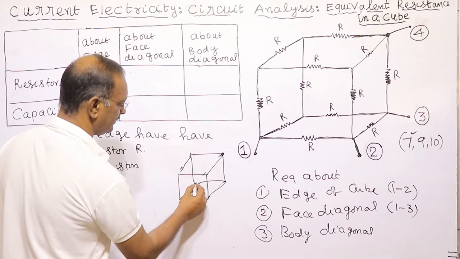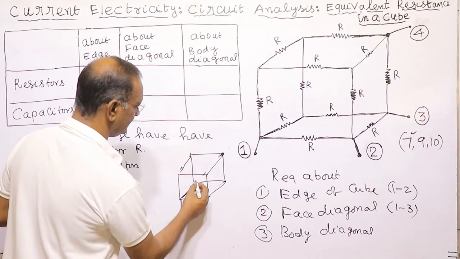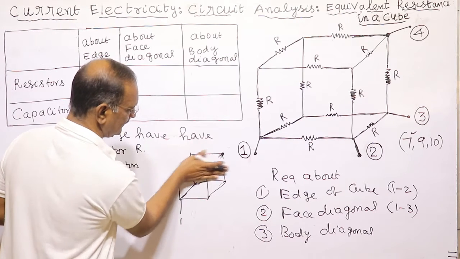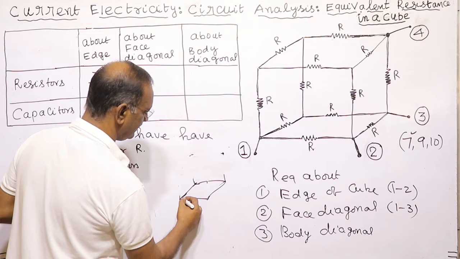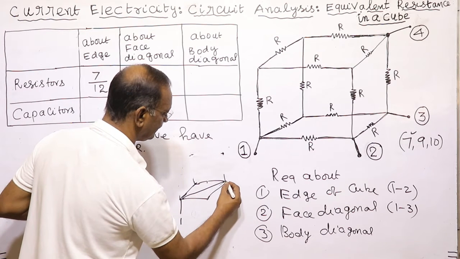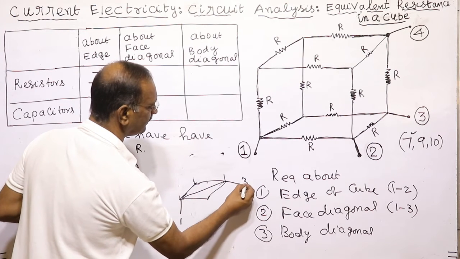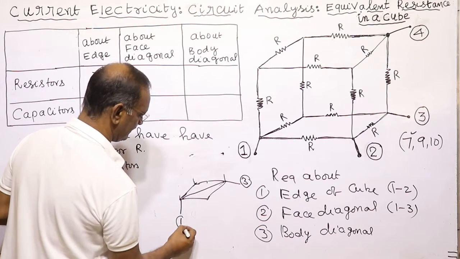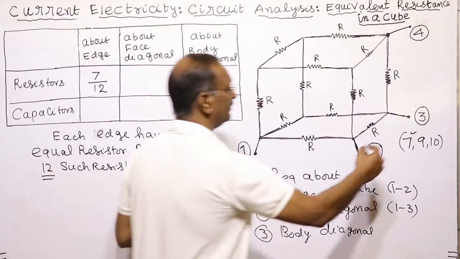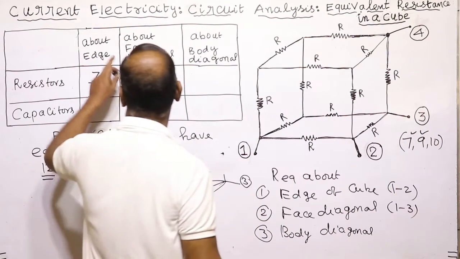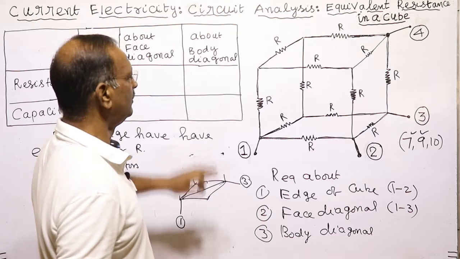Face diagonal means this is the face, and we want to find the resistance diagonally across this face. This point is 3, this is 1. For the face diagonal we will use the second one. We follow the order: edge, face and body.